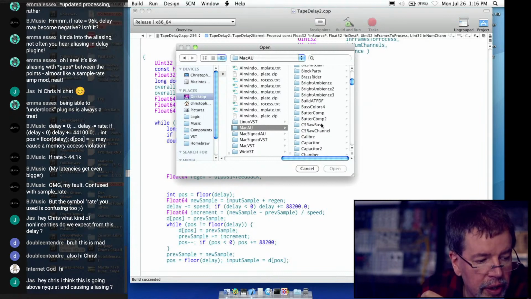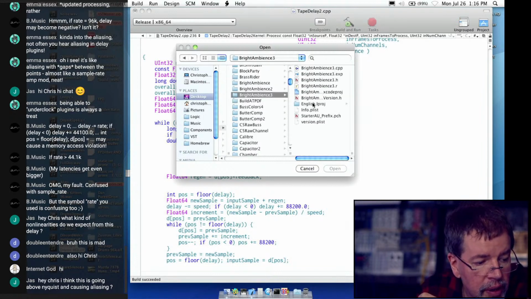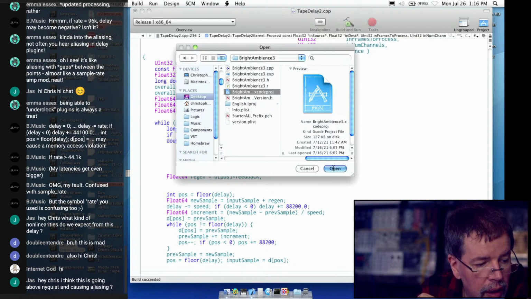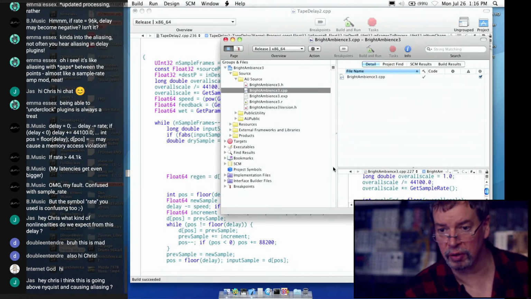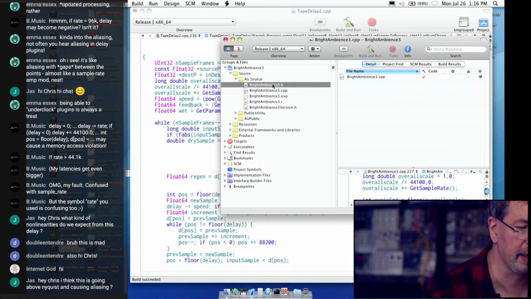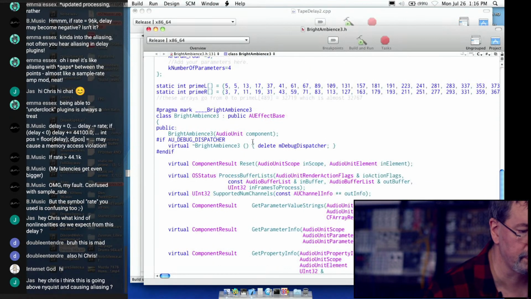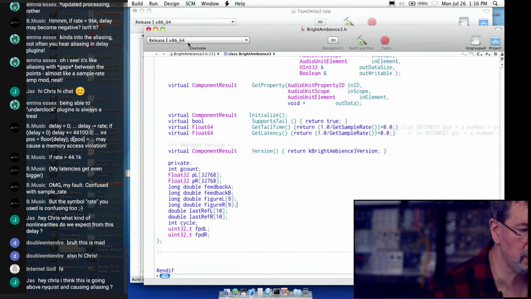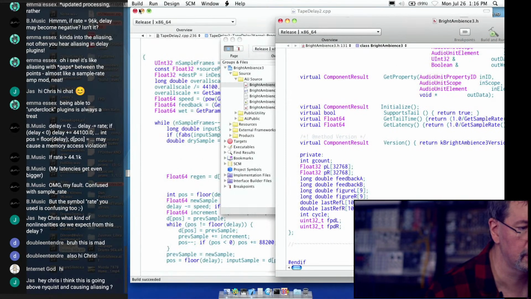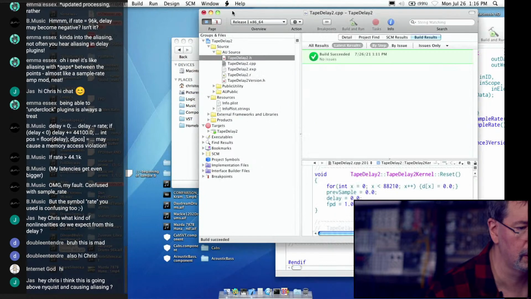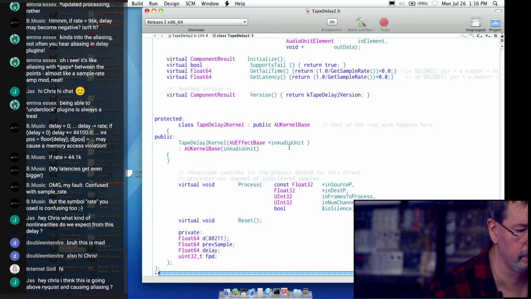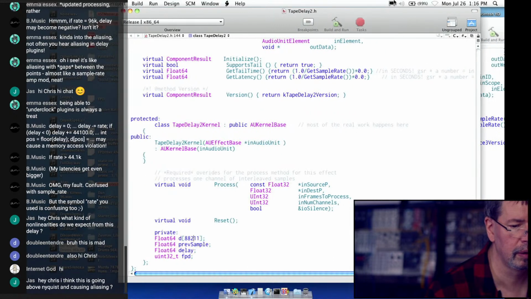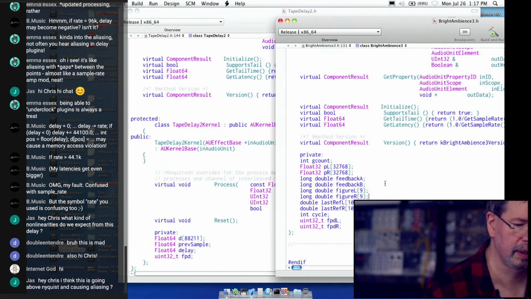I had a bandpass going on in Bright Ambience 3. That's what it is. So we're going to first steal that, and then we're going to apply it usefully. So for starters, these things are all going to be used.